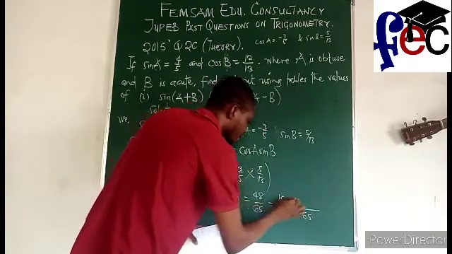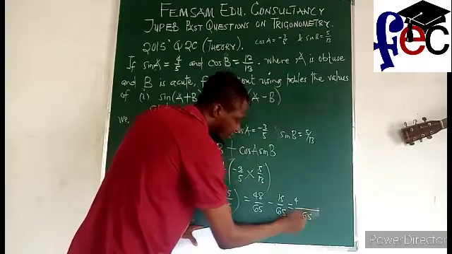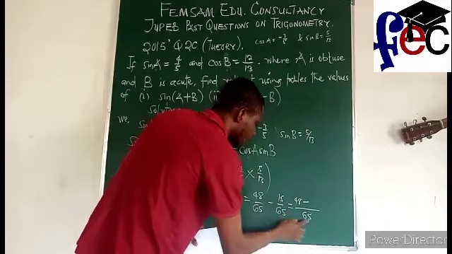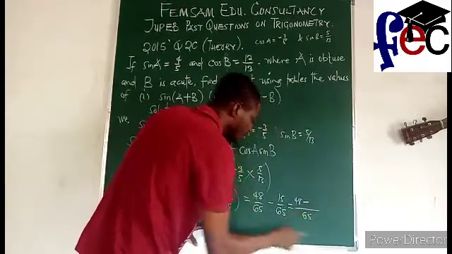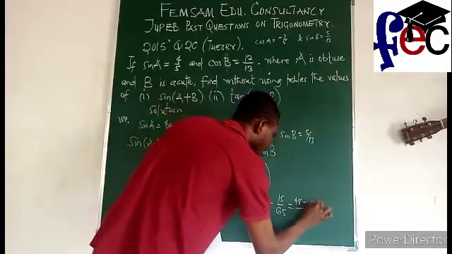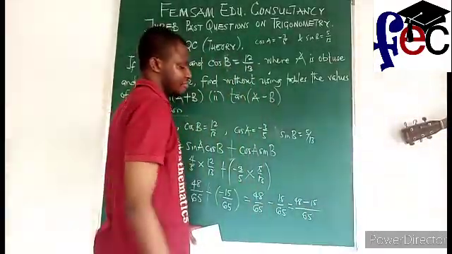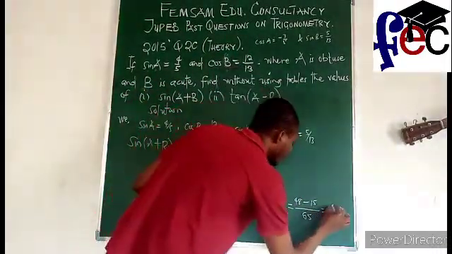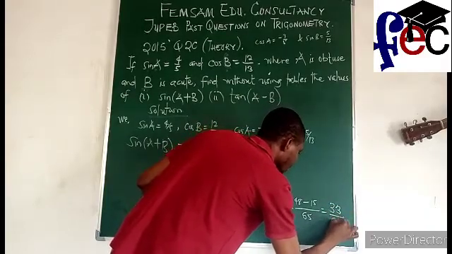So 48 is just like saying 65 in 65, 1 times 48, minus 15, 65 in 65, 1 times 15. So what is 48 minus 15? You will realize that that will give me 33 divided by 65.